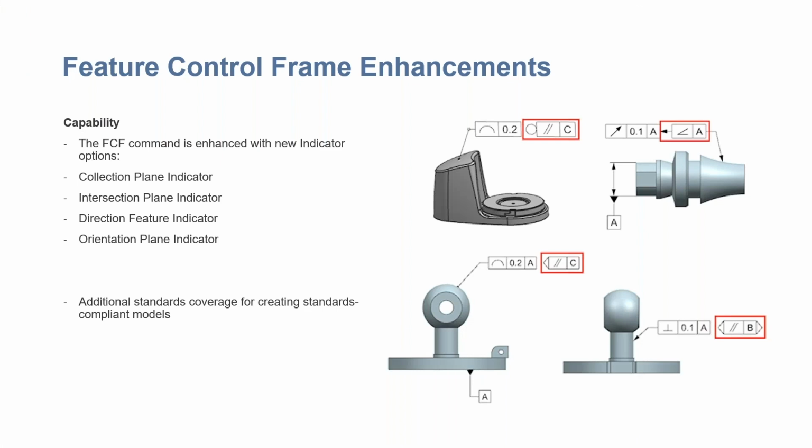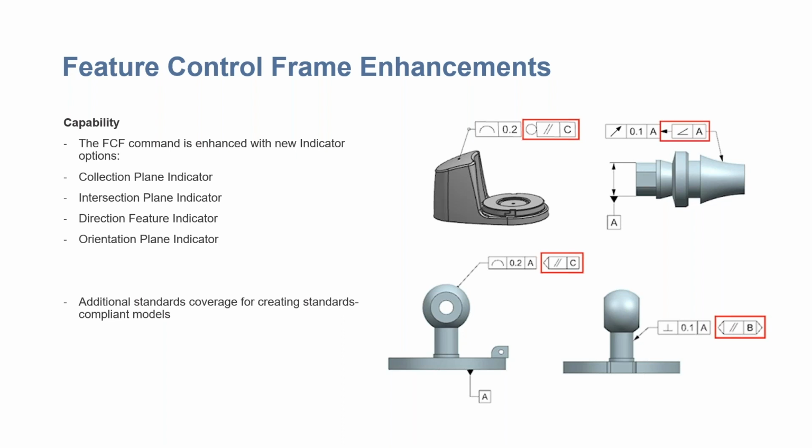Some of the enhancements that you're going to see, I believe this was in 1102, but again, I'm going to just pick on 12 because I know it's there. You have your collection plane indicator, intersection, direction, and orientation plane indicators. So these are new GD&T options that they've baked into this, so you have better control over your components that are pushed out to PMI.